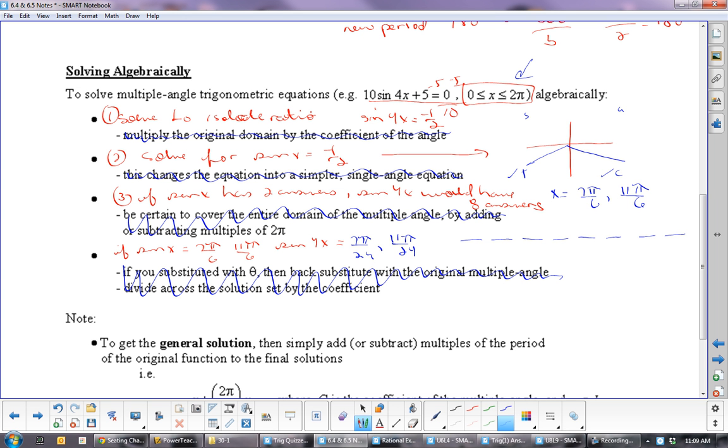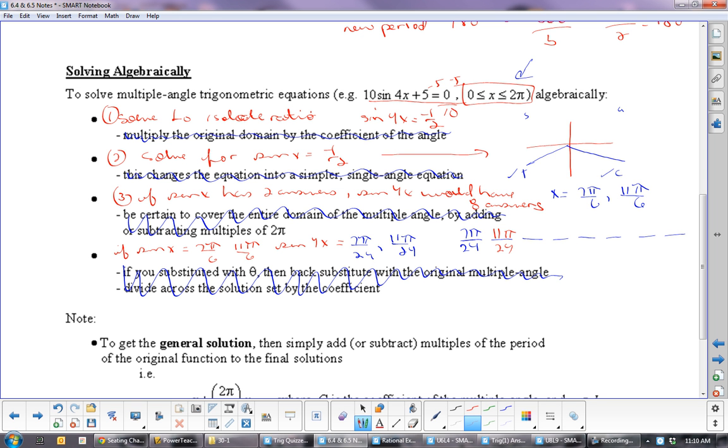Does that make sense? Okay? And that's why I teach it this way. I think it makes sense, right? We've done horizontal stretches. So that's your first two answers, 7 pi over 24. And I'm going to do the other one in red because it'll make more sense. Oops, 24. That wouldn't make sense, would it? Okay. 24.